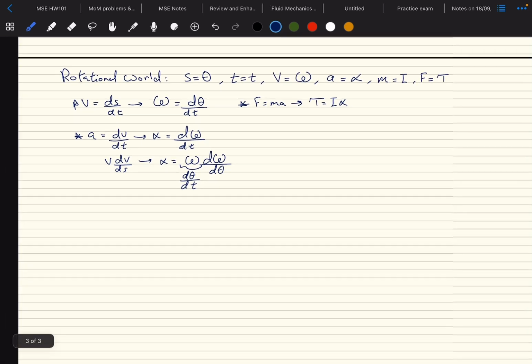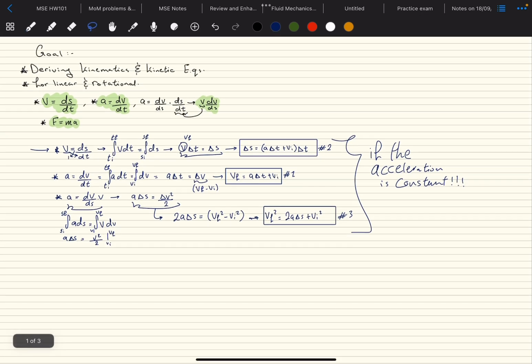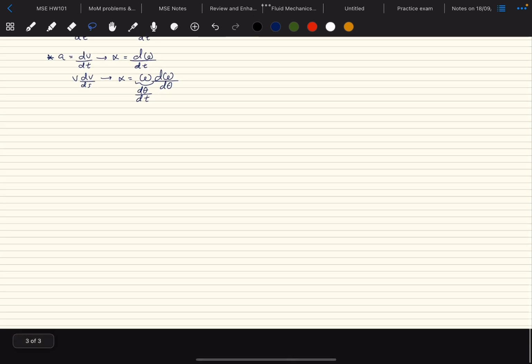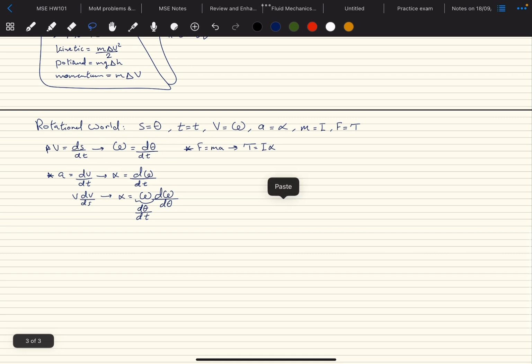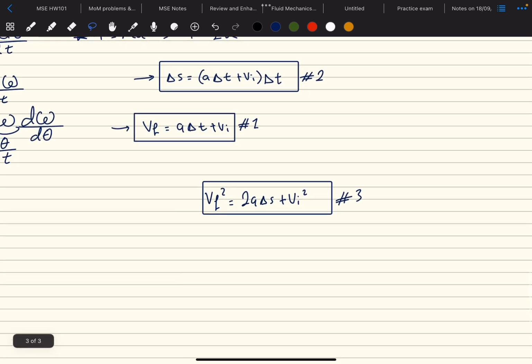And same thing with our kinematics equations. I'm going to copy paste them, honestly. I'm kind of lazy.